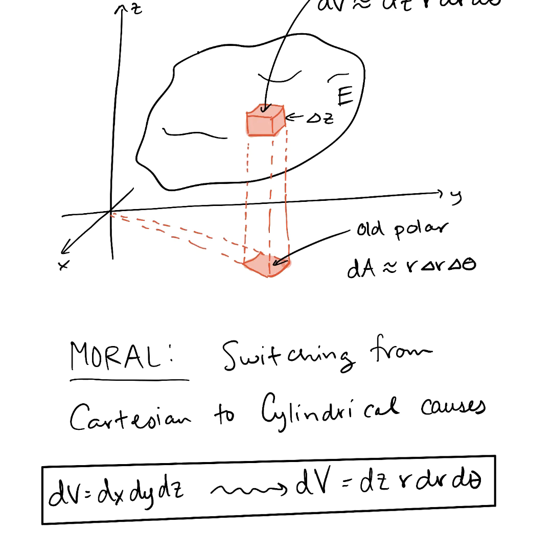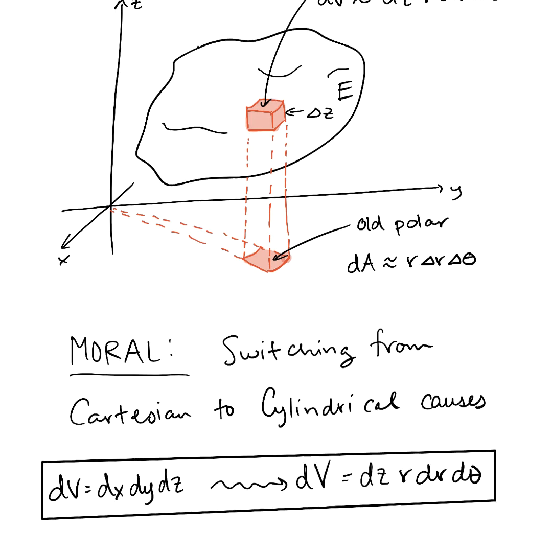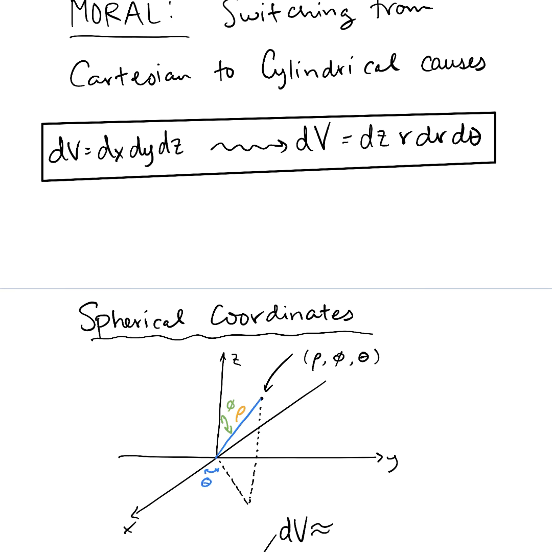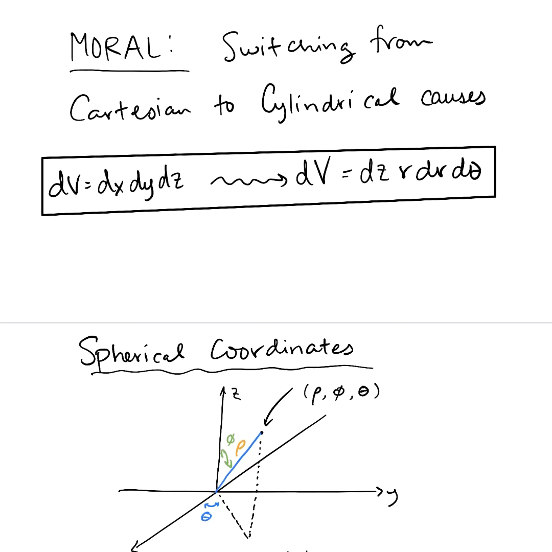Okay, but cylindrical is not the only coordinate system that we might want to use to do hard integrals in 3D. So there's another option. This is called spherical coordinates. So let's look at this picture first.